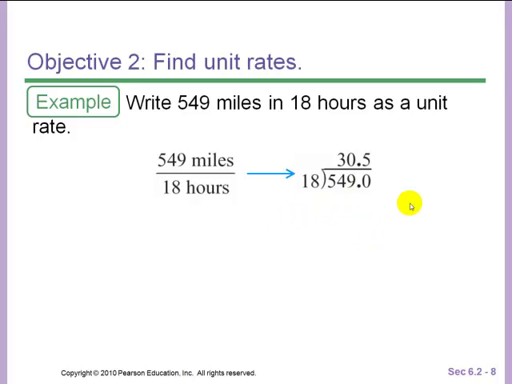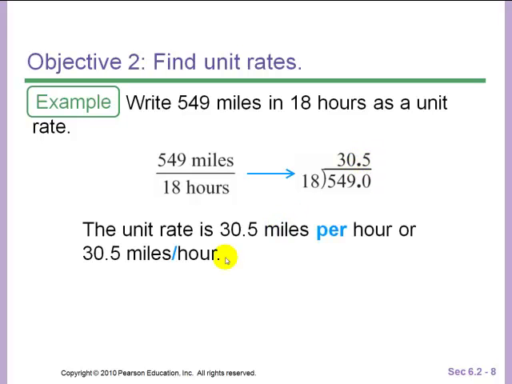However, if you have a repeating decimal and it doesn't say anything about rounding, then write your unit rate as an improper fraction. In this case, however, it's a terminating decimal, it's just 0.5, so we'd say that the unit rate is 30.5 miles per hour, or 30.5 miles/hour. I should also note that for these miles per hour, you could also write 30.5 mph.